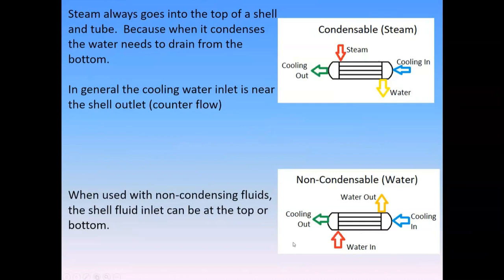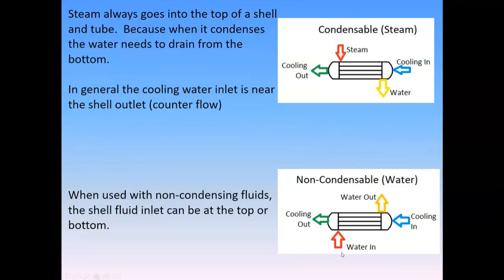So we want to be careful that we think about it in terms of having a parallel or a counterflow arrangement. So if we look at, let's say, our non-condensable water side, we can see here by looking at the flow paths whether this is a parallel or a counterflow arrangement.